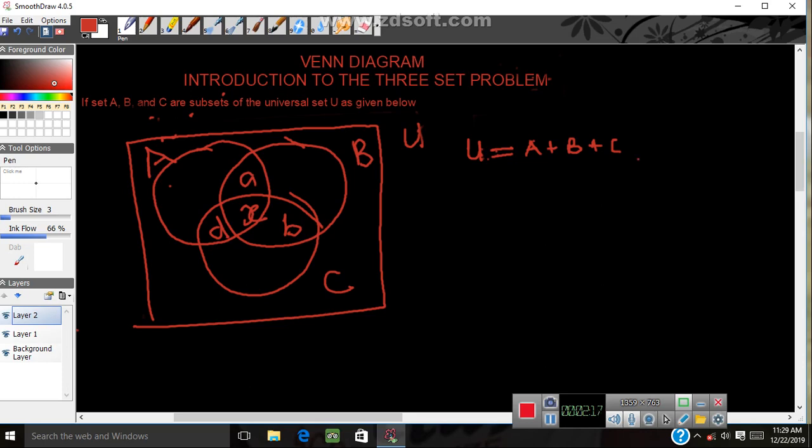The smaller sets are minus a, minus b, minus d. Then we add the X aspect, all the three intersection, plus X.